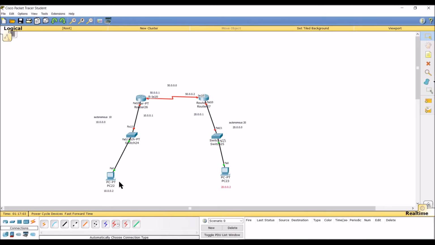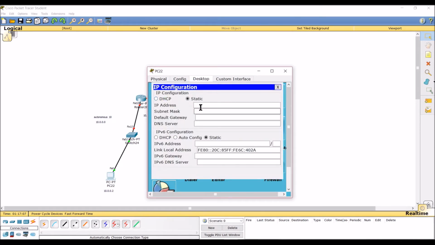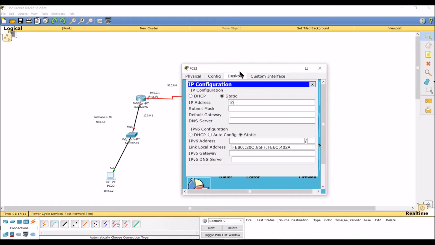So let's configure this system first. In IP configuration, the IP address for this system is 10.0.0.2, subnet mask is 255.0.0.0, and the default gateway for this PC is 10.0.0.1, because the IP address of this router's FastEthernet will be the default gateway for this PC.